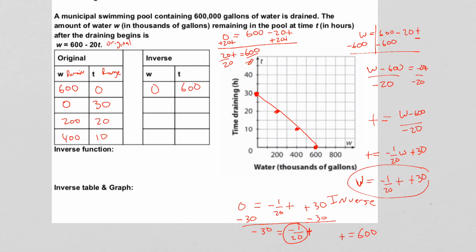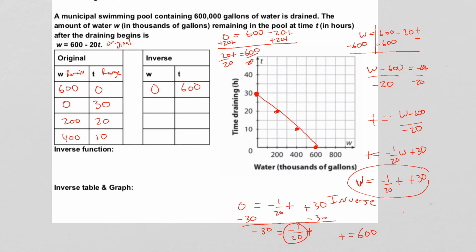So it is in fact true, and it does work out. Now, what I really wanted to point out is, again, this is what happens if you did the inverse correctly. You can verify using the domain and range that you've done the inverse correctly.